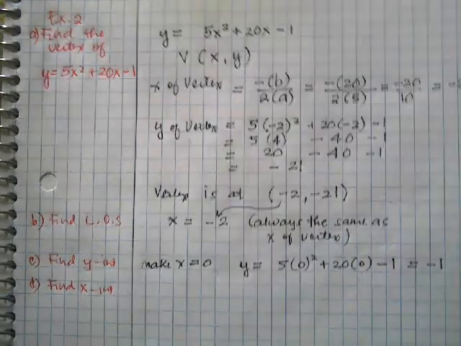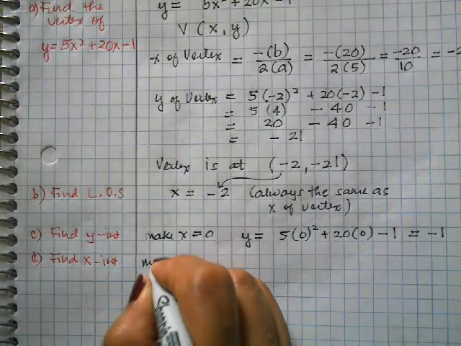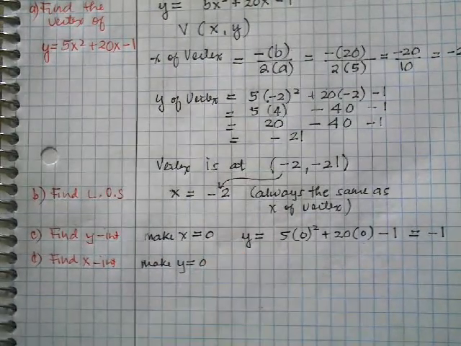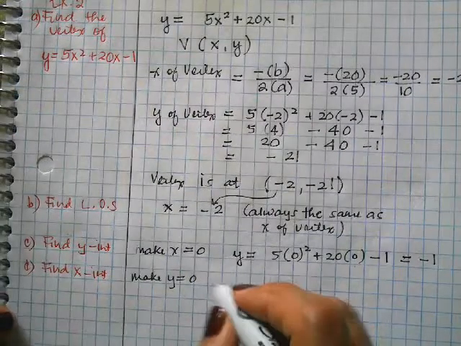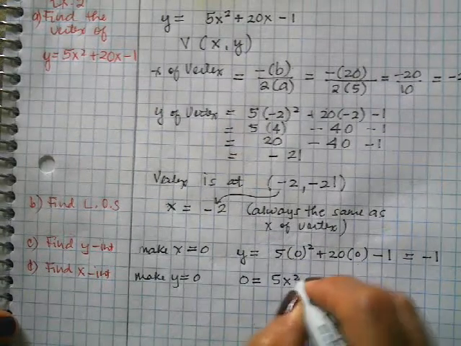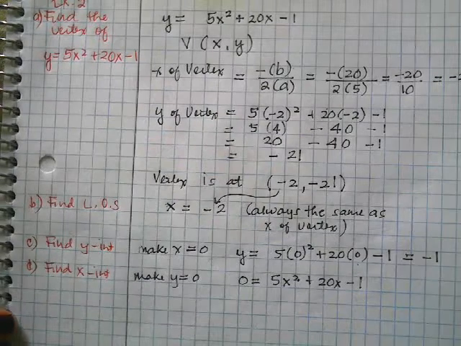Now how do we find the x-intercept? We make y 0 and solve for x. So 0 is equal to 5x squared plus 20x minus 1.